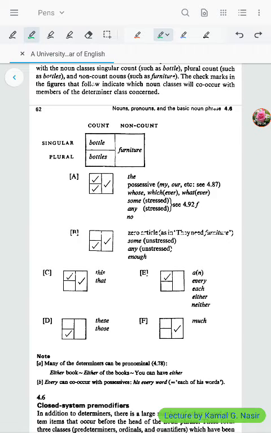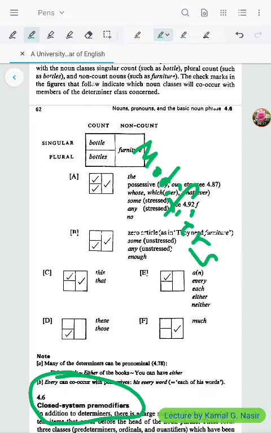You have to put in your minds that these determiners are used where? Before the noun phrase. There is what we call closed system pre-modifiers. Put in your minds that we have modifiers. Modifiers are also phrases or words which come with the noun.